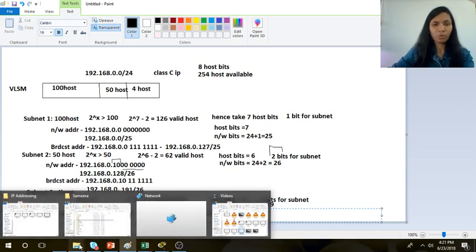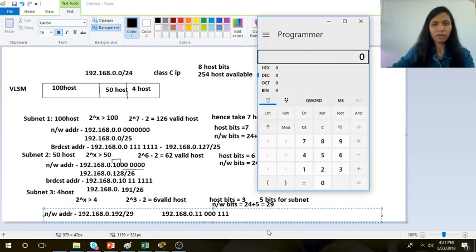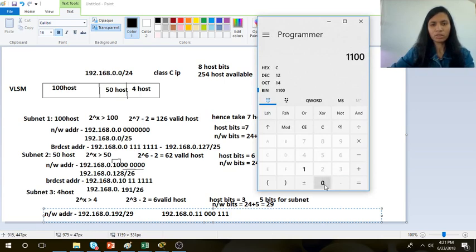So we will just convert this into decimal. We have 11000, which are my 5 bits for subnet, and 3 ones, which are my host bits.